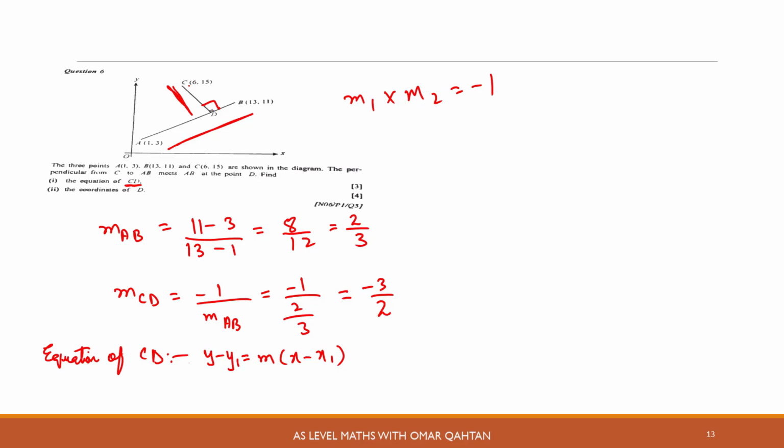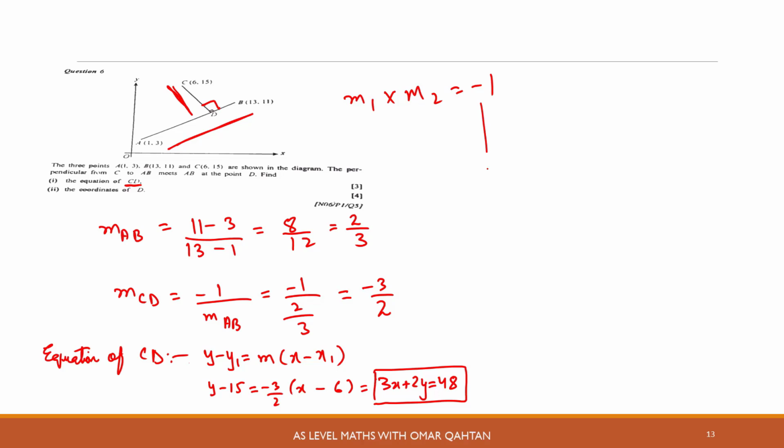So I'll be using this point C. So y minus 15 is equal to -3 upon 2 into x minus 6, and upon simplification it will give you the answer 3x plus 2y is equal to 48. That's the required equation of CD.